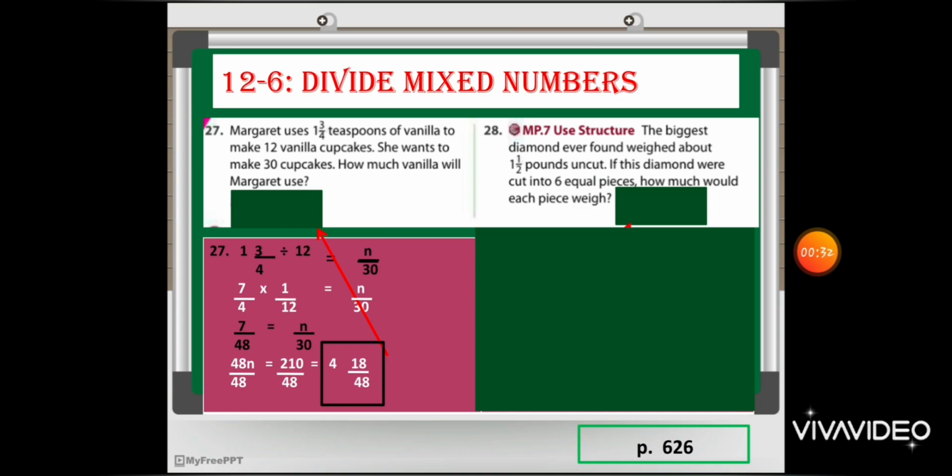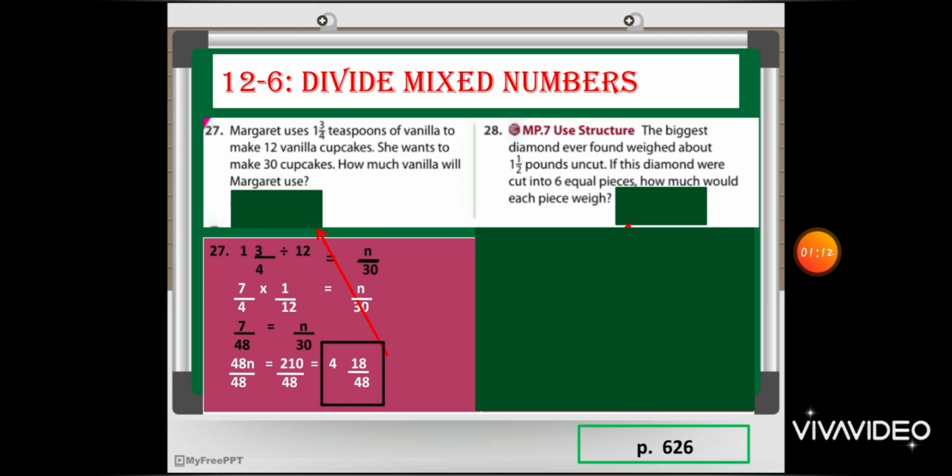So we have to equate 1 3/4 to 12 and the unknown to 30. So our equation will be 1 3/4 divided by 12 equals n divided by 30. The mixed number will be changed into a fraction, so we have 7 over 4. Then, changing the sign, we will multiply it with the reciprocal of 12, which is 1 over 12. Then again, equate it with n over 30.